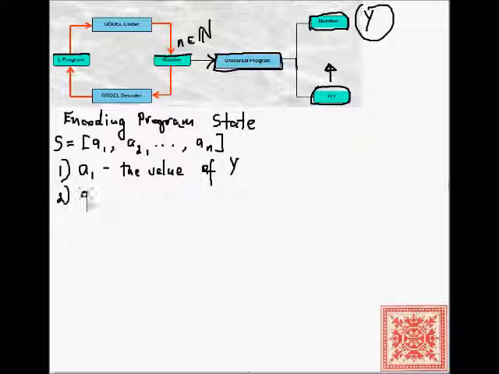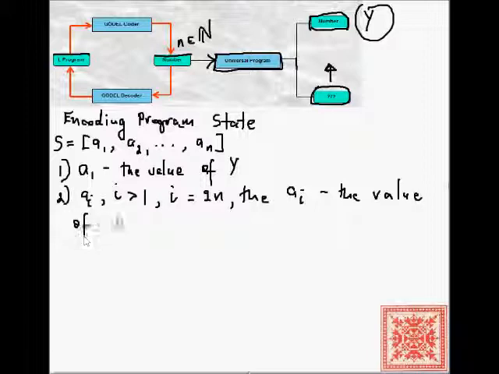Then A sub i, if i is greater than 1 and i is even, so i equals 2 times n, where n is a natural number, then A sub i encodes the value of an input variable, specifically input variable x sub i divided by 2. And examples will come momentarily.